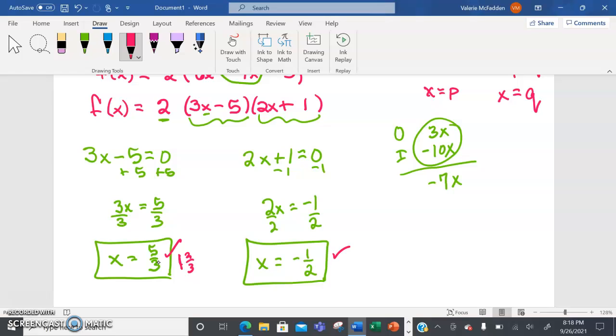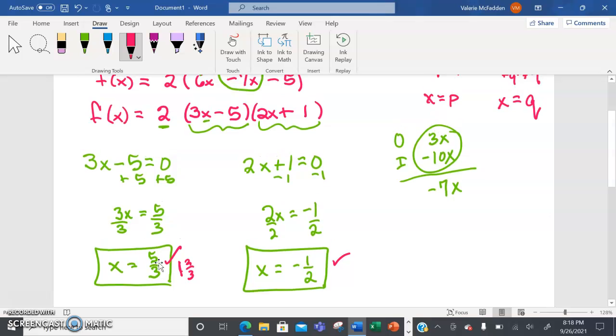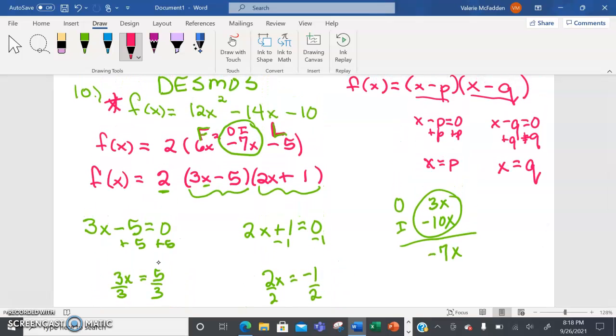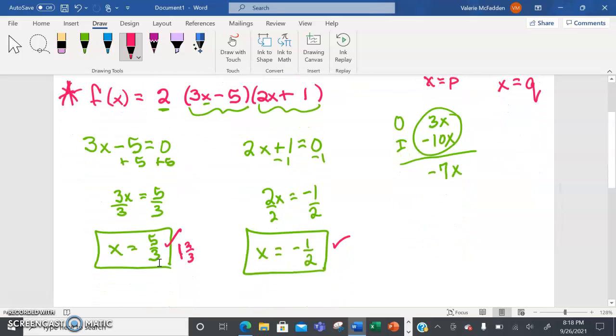You can see that's where the graph crosses your x-axis. You can also come down here and type this one in where you factored it. It should be the same exact parabola and have the same exact x-intercepts.